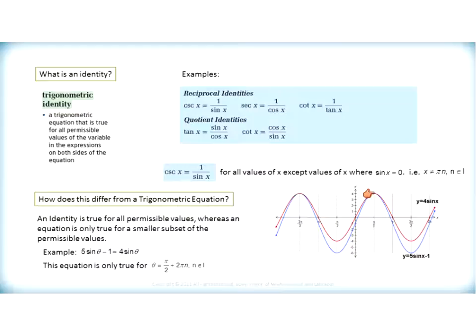Negative 3 pi over 2, pi over 2, and so on. The equation is only true for values of x, or theta in this case, where theta is equal to pi over 2 plus 2 pi n. So as you can see, this is an equation, not an identity, because it's only true for a subset of the permissible values.